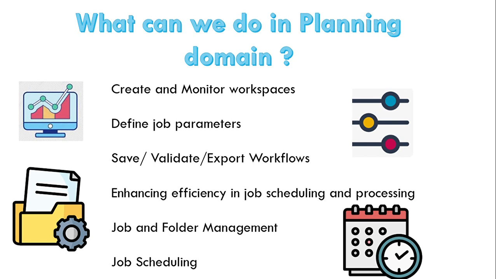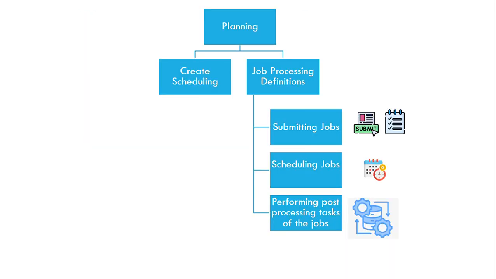When you have automated runs, it really increases the efficiency. In the planning domain, you can also do job and folder management. Your jobs are organized in the form of folders. This gives clarity on how the jobs have to be processed, and you can schedule your jobs.